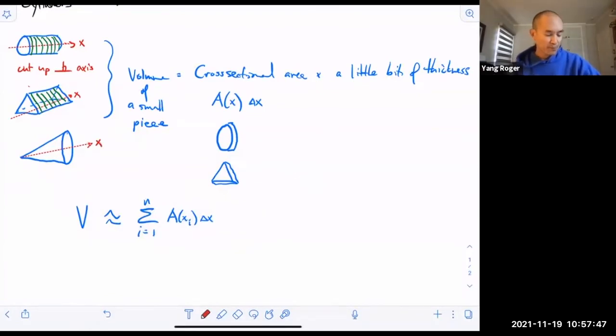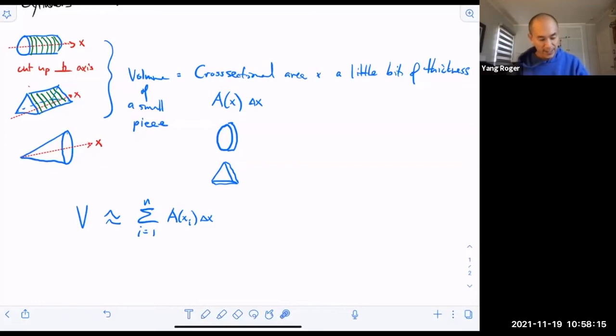Can you guys see that as you move along the X-axis, the cross-sectional slice is growing? It's getting bigger and bigger, right? So it's sort of like you have very, very small coins on this side, and you have very large coins on this side. And then we add up all those coins to get an approximation for the volume.